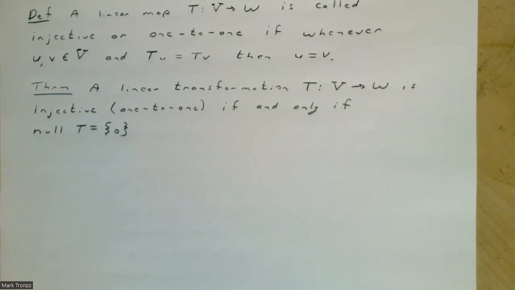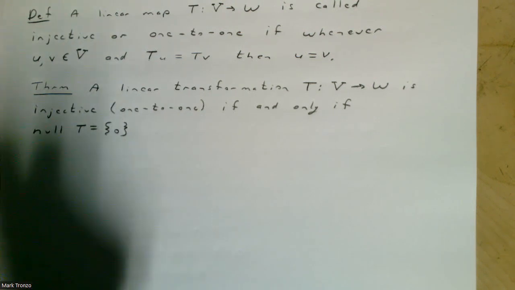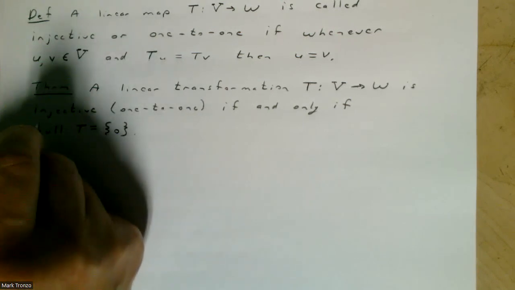So a linear transformation is one-to-one or injective if and only if the only thing in the null space of the transformation is 0. So let's see if we can prove this.